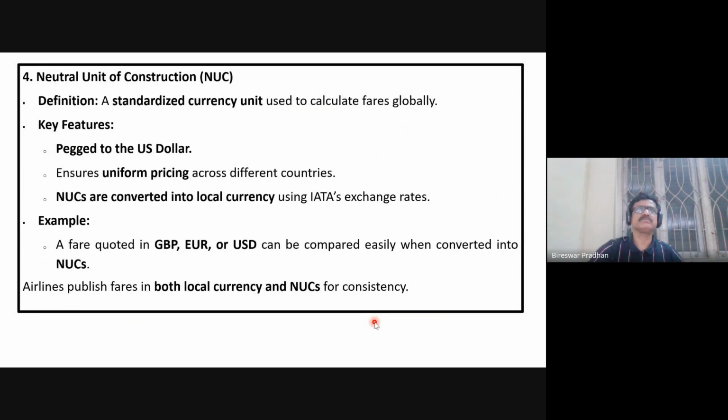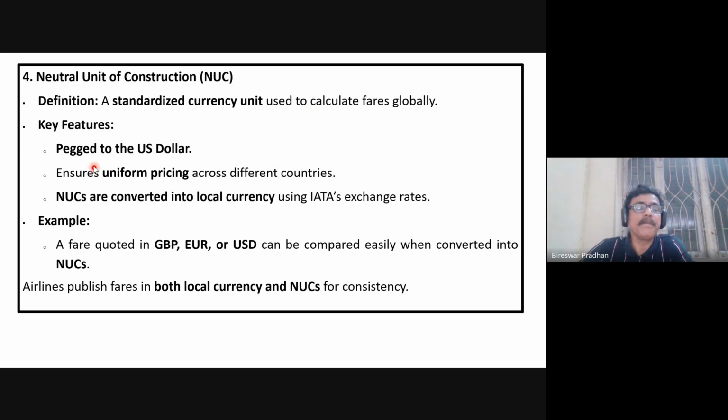The neutral unit of construction, a standardized currency. Now, the neutral unit of construction is a standardized currency unit used to calculate fares globally.